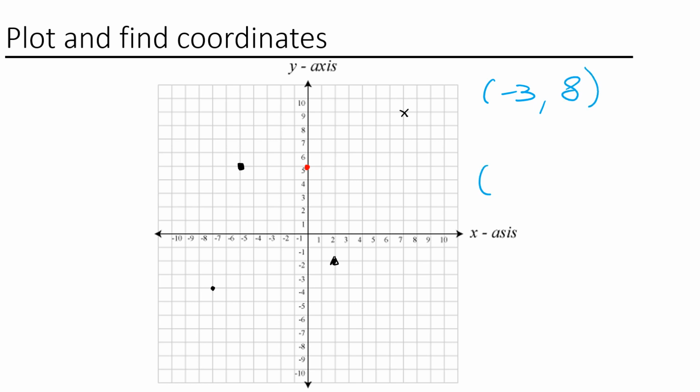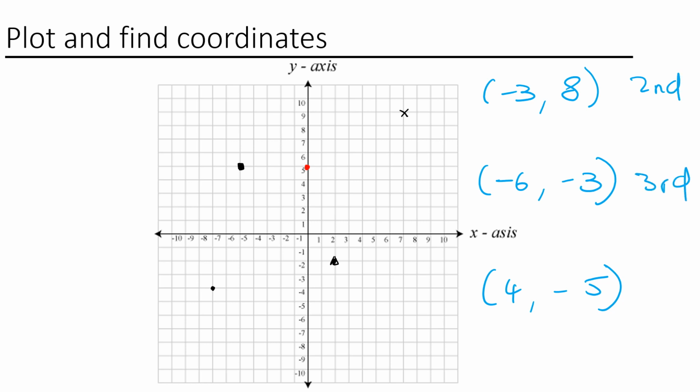And I'm going to go -6 and -3. And maybe one more. I'm going to go 4, -5. So if I think about what I saw before in terms of quadrant, that would be second quadrant, that would be third, and that would be fourth quadrant, just to keep that in mind.